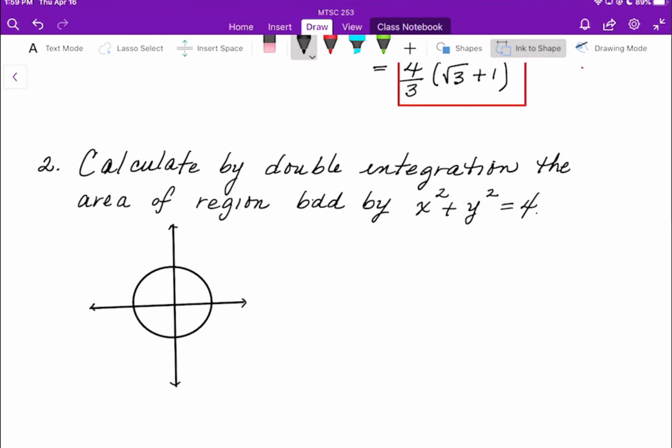All right, so clearly you can see that in order to evaluate this area, this whole thing is my region. And r goes between 0 and 2. And then theta goes all the way around the whole circle.